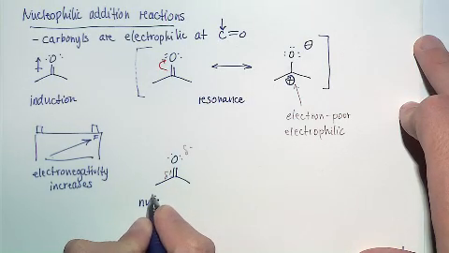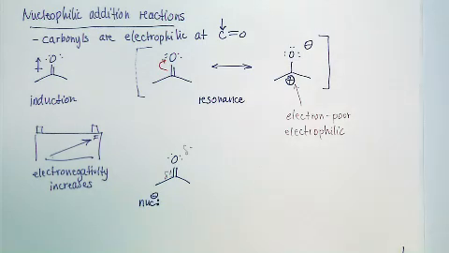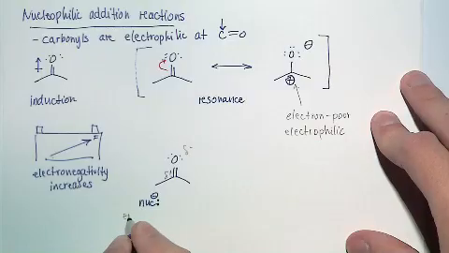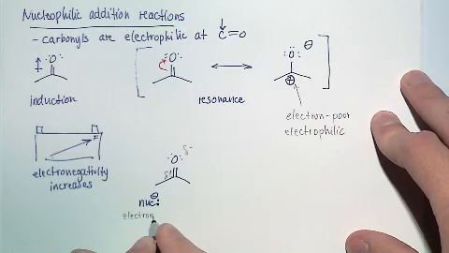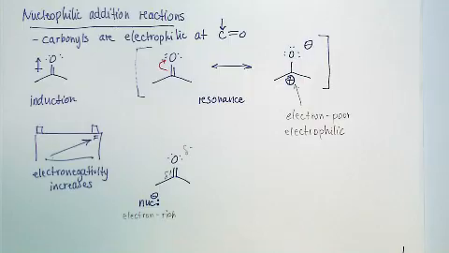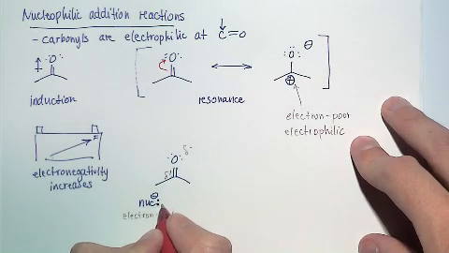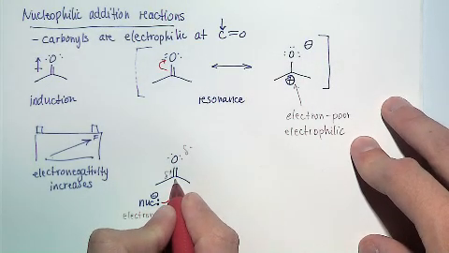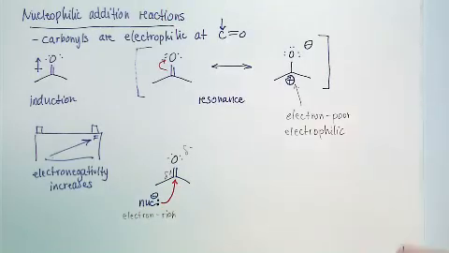It's a lone pair there. And we can take a nucleophile. The nucleophile is electron rich, and nucleophile and electrophile like each other.